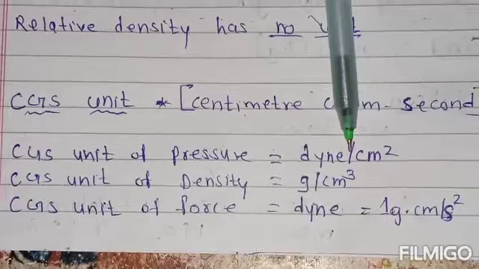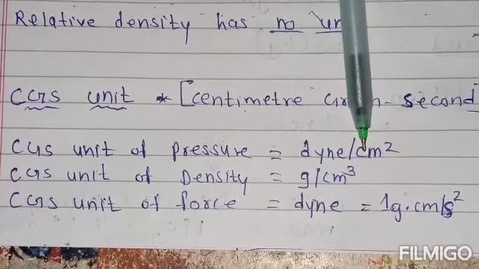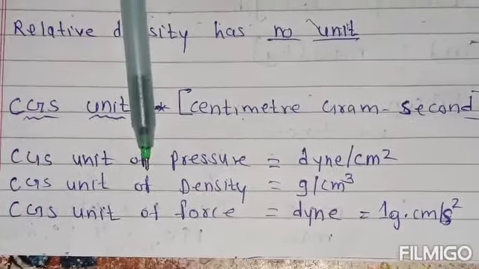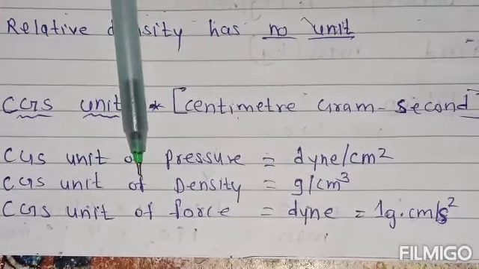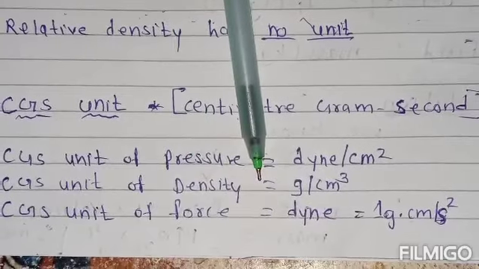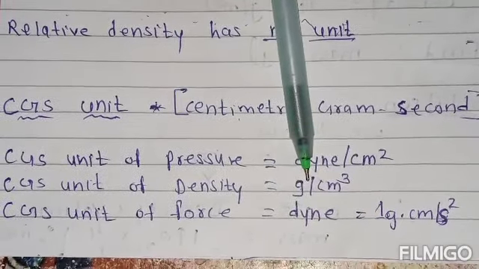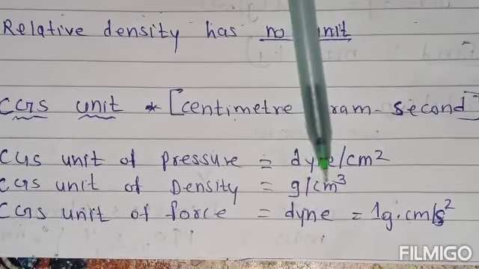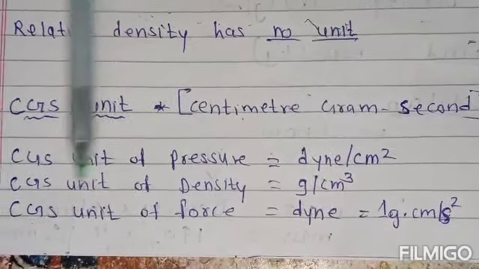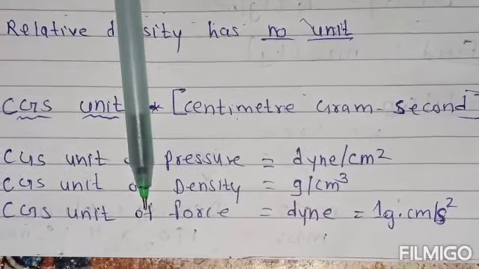CGS unit of density is equal to gram per cubic centimeter.